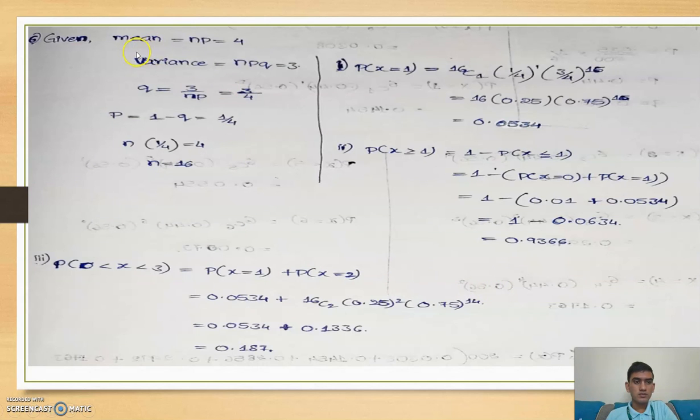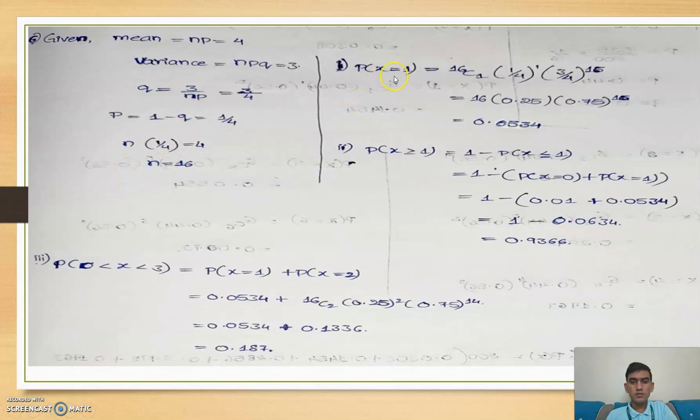We substitute in the formulas: np is equal to 4, npq is equal to 3. With this we find the values of q, p and n.